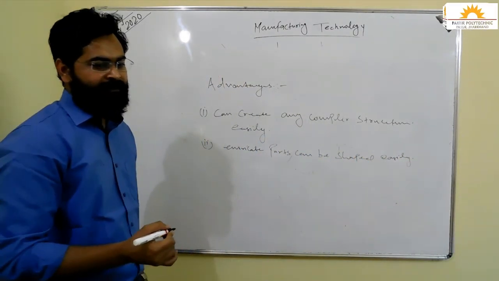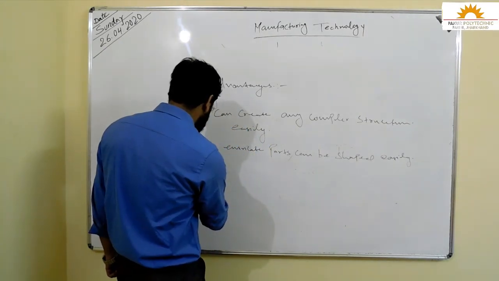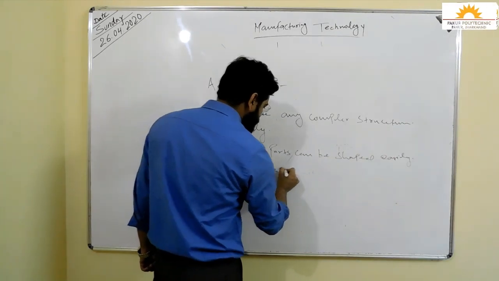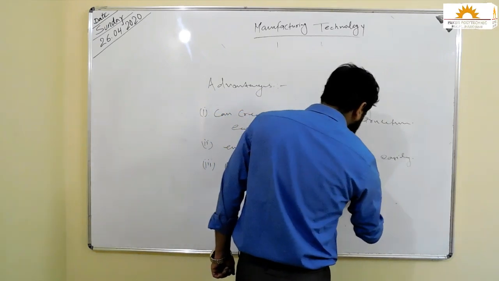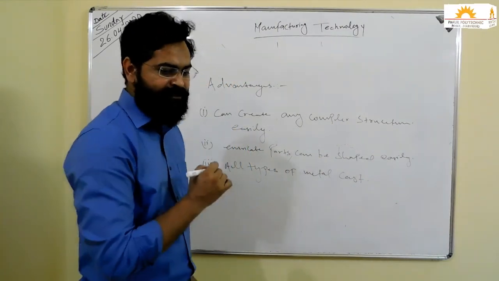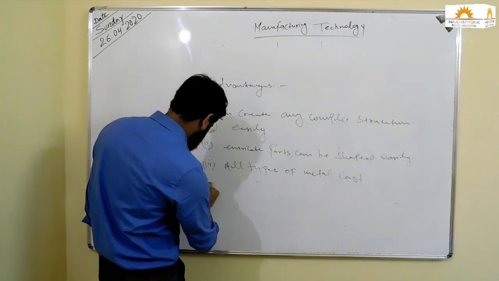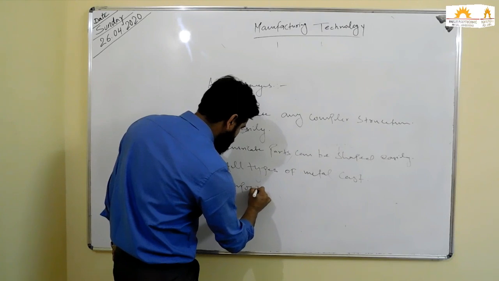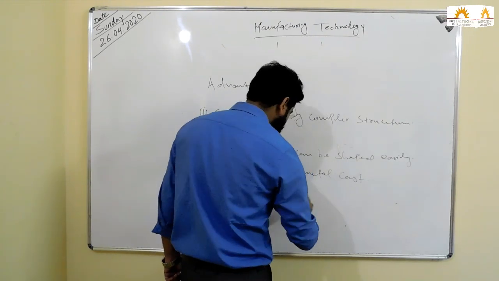Intricate parts can be shaped easily. All types of metal can be cast. Composite material can also be cast.